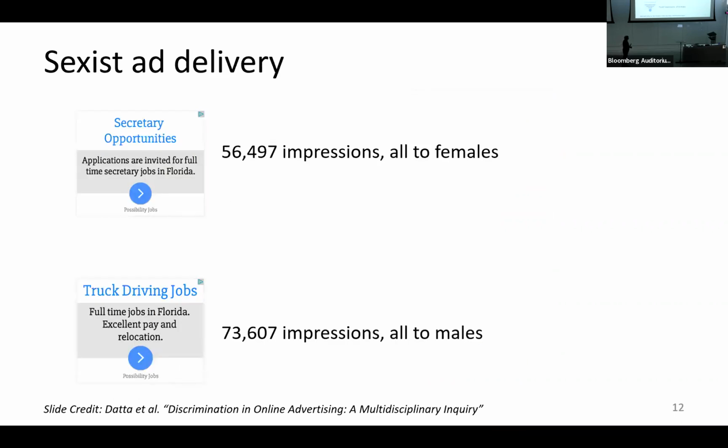And Google followed their bidding. Google did in fact just serve one ad to males and the other type of ad to females, right? So at least at the time, there was nothing technically preventing an advertiser from going in and blatantly only showing ads to one gender or the other, to one sex or the other.